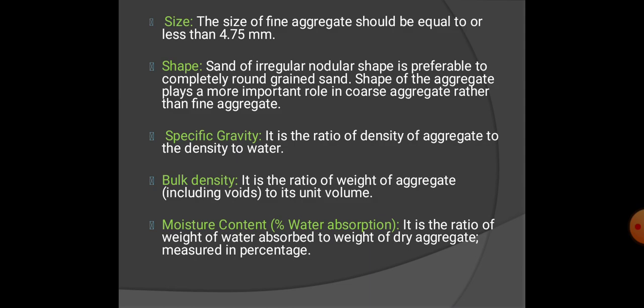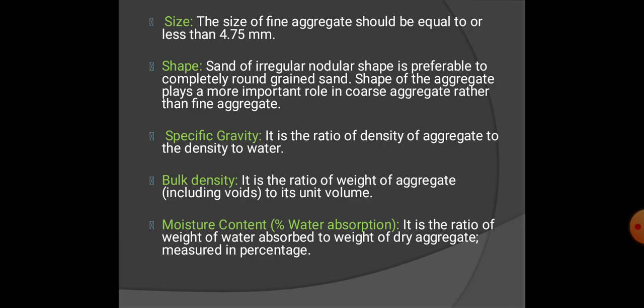So if the cement mortar is prepared for the purpose of masonry work or plastering work, then very fine sand of uniform size is used, that means below 4.75 mm. Okay, the next one is shape of aggregate. So sand of irregular nodular shape is preferable to completely round grained sand.